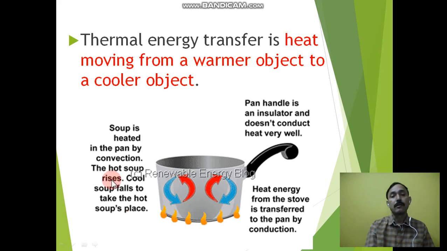So this is the convection. Heat energy from the stove to the pan is transferred by conduction, direct contact. The pan handle is an insulator and does not conduct heat very well.